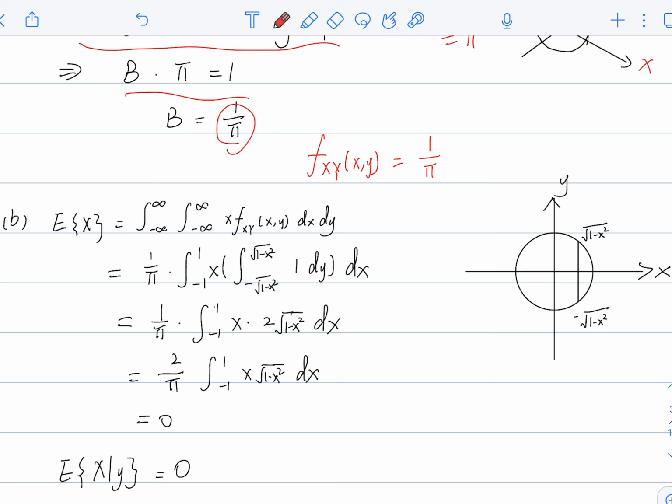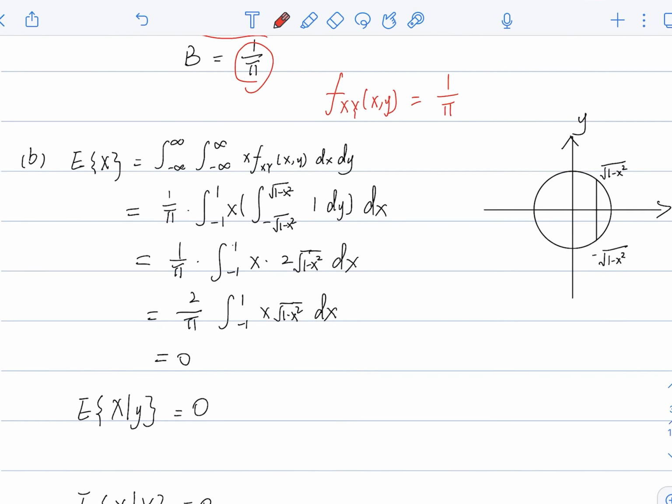Secondly, first we need to find the expected value of X. The expected value of X is equal to the integral of x f(x,y) dx dy.